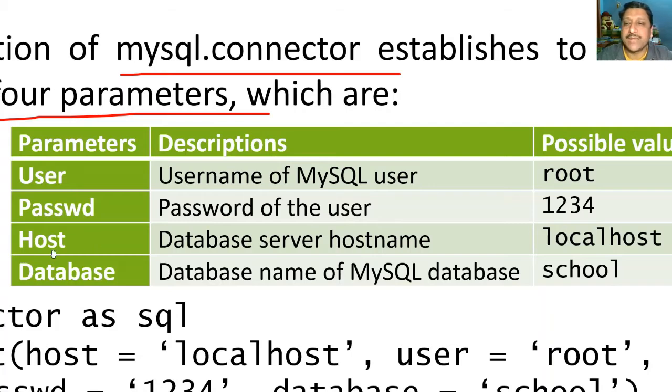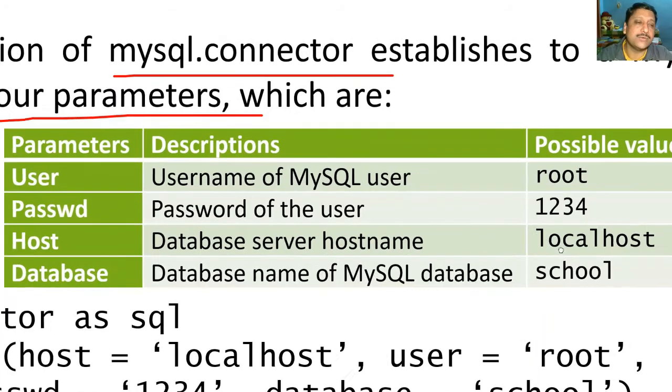And host: the database server host name we have to give. Host name means where the database is stored. Sometimes the database may be stored remotely on a computer connected to the internet, so we have to give its IP address. Or if the database is stored locally on the same computer where the program is written, then we write localhost.